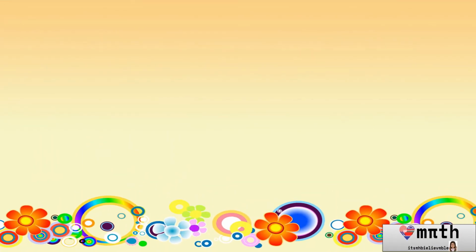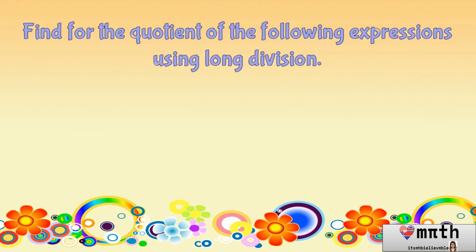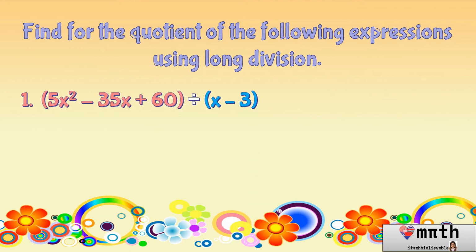Since we're already done with our examples, now we're going to have your activity. In this activity, you're going to find the quotient of the following expressions using long division. For number 1, 5x squared minus 35x plus 60 divided by x minus 3.